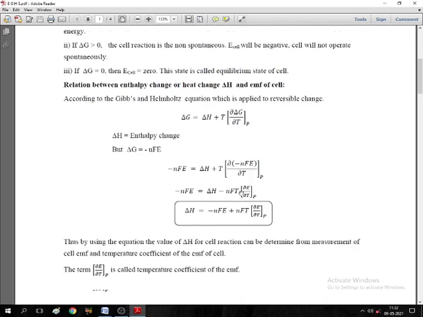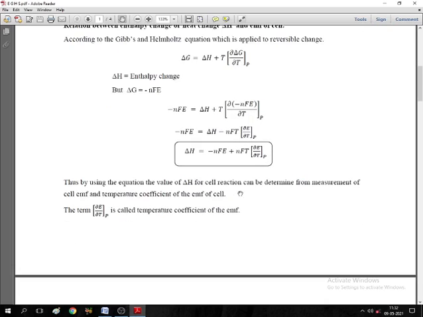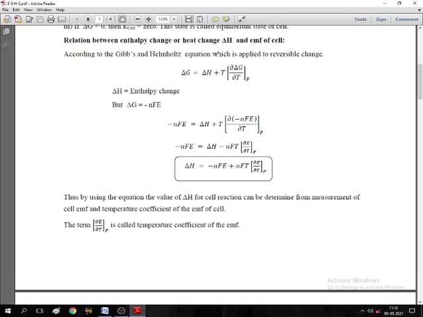Now let us see another relation, that is the relation between enthalpy change, which means the heat change, given by delta H, and the EMF of the cell. Now according to the Gibbs and Helmholtz equation, which we have already derived, which applies to the reversible change, that is the reaction occurring in that cell, delta G is equal to delta H plus T into the partial derivative of delta G with respect to T at constant pressure.